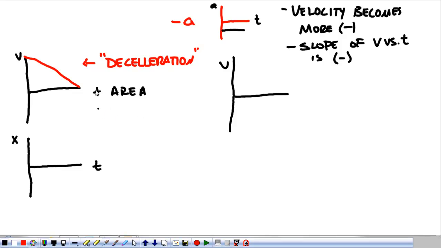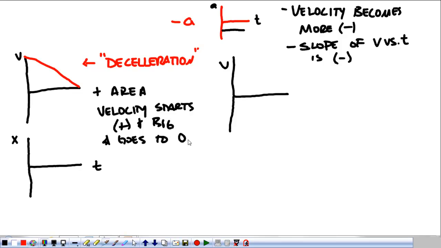And my velocity starts big, positive and big, and goes to 0. So, for position versus time, I'm moving in the positive direction because the area is positive. That gives me a positive delta x, so I end up in front of where I started.